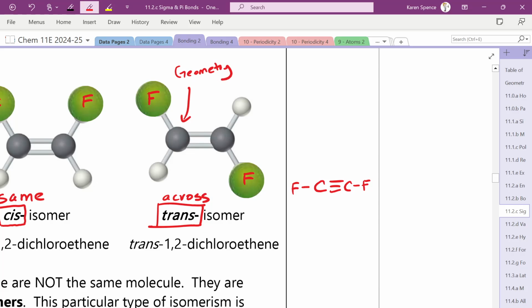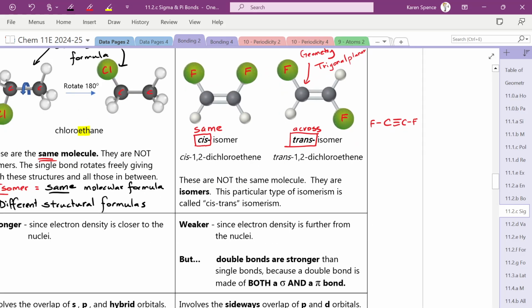The geometry is trigonal planar. So it's really that double bond that allows you to have that cis-trans isomerism. Okay?